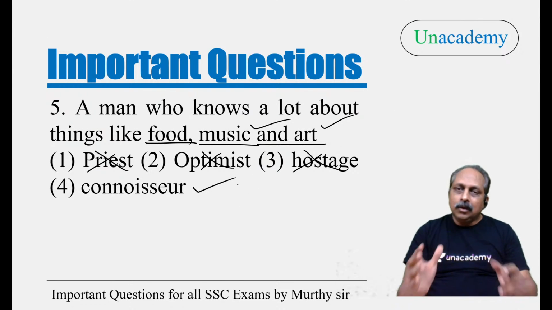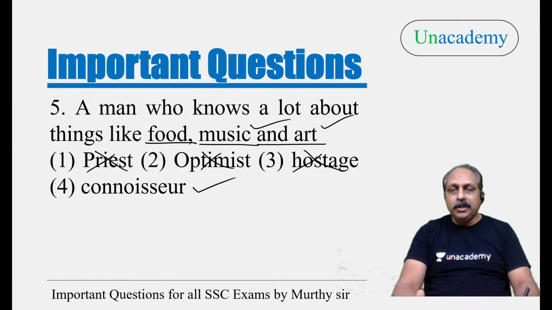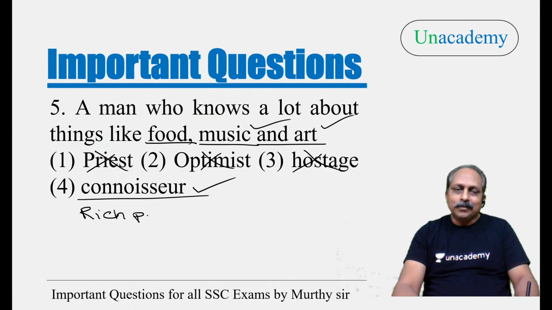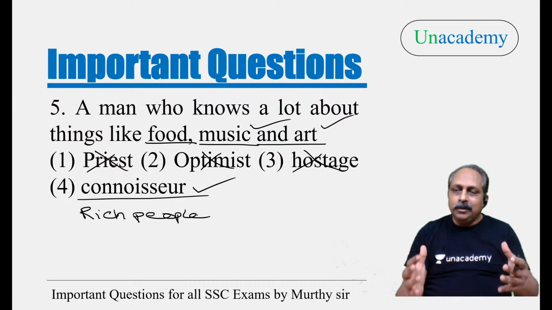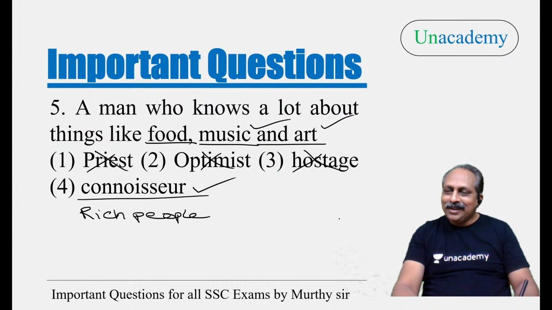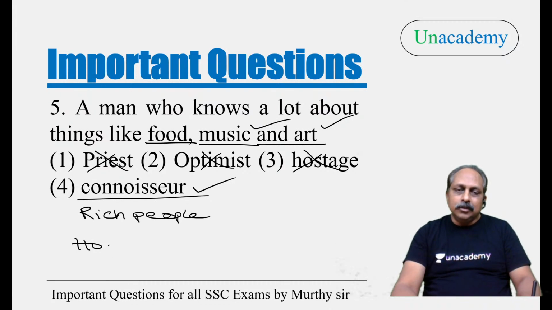A connoisseur is a person who has a very rich taste, especially when it comes to music and art and food, wine, all these things. And this word usually goes with rich people. Only rich people can afford all these things. Anyone can have that taste, that's not an issue. But priest, you all know, optimist, a person with a positive attitude. What is the meaning of the word hostage? Hostage crisis, usually we say.